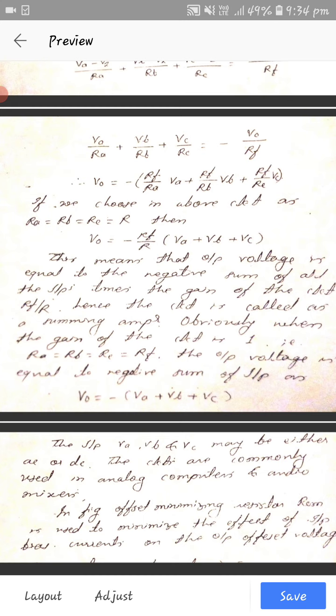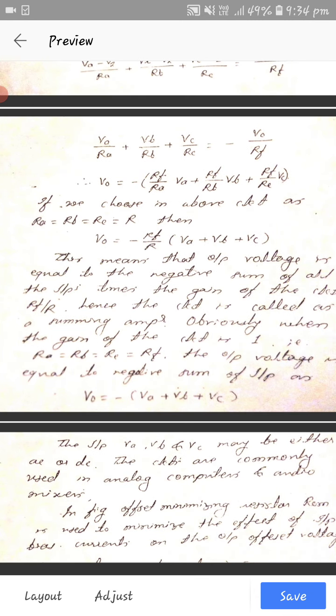Summing means the sum of the input voltages, and the gain of the circuit. When the gain of the circuit is 1, that is RA is equal to RB is equal to RC is equal to RF, that means the input resistors are equal to the feedback resistor RF, the output voltage is the negative sum of the inputs.